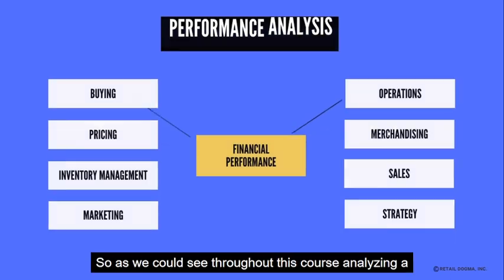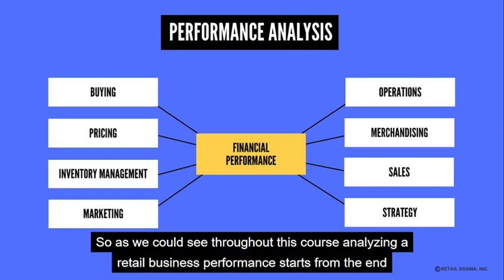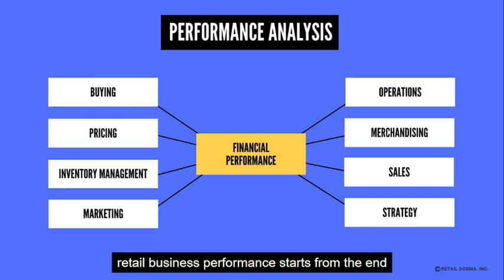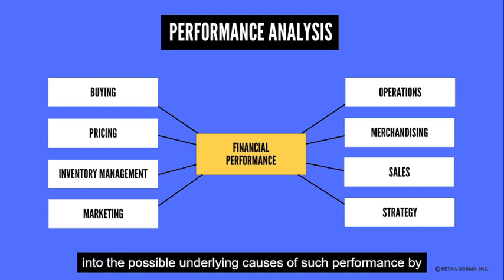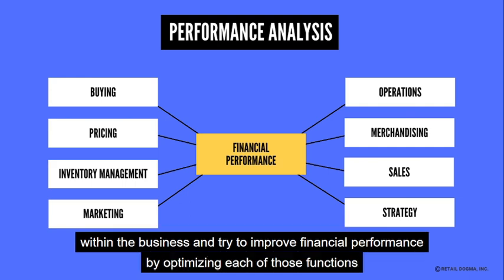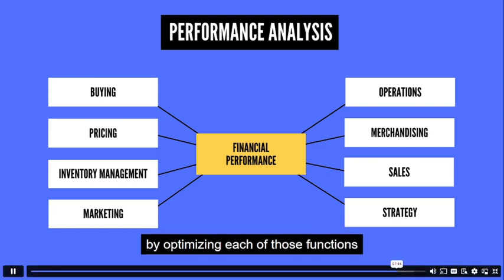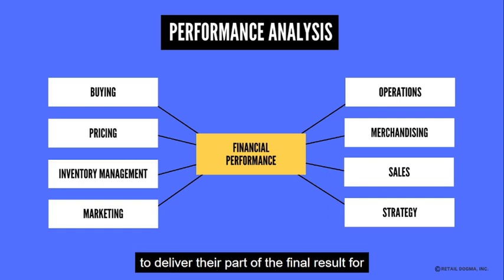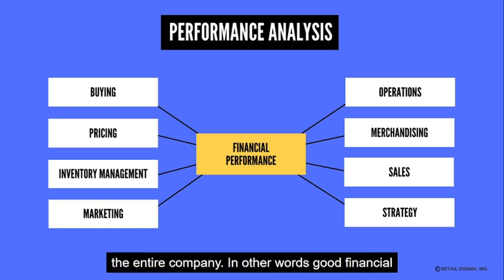So as we could see throughout this course, analyzing a retail business performance starts from the end, from the financial statements, and then goes deeper into the possible underlying causes of such performance by analyzing more reports and metrics for different functions within the business, and try to improve financial performance by optimizing each of those functions to deliver their part of the final result for the entire company.